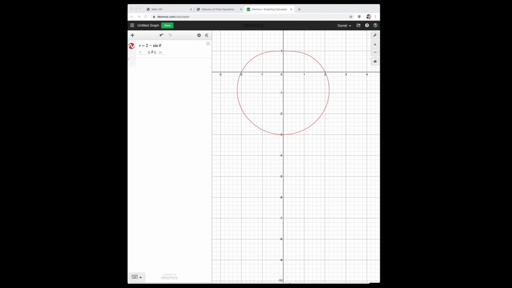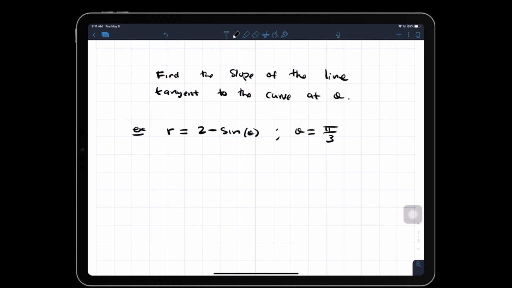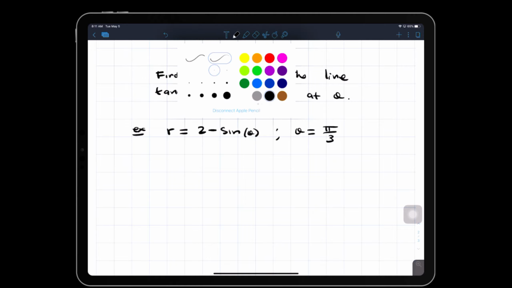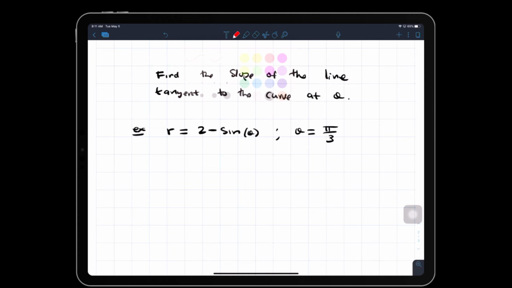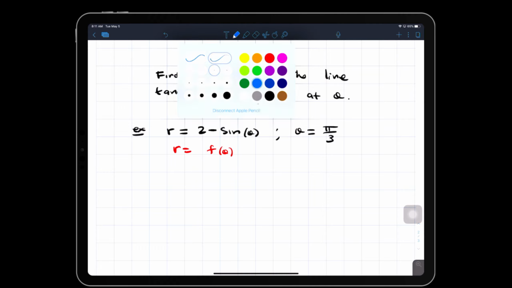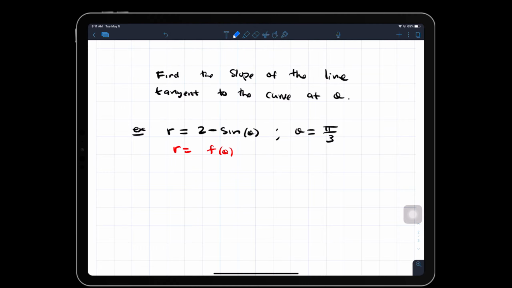All right, so let's go back to the iPad, and let's remember that what they give us here is that function of theta. If we're going to find the slope, we've got to use our formula, right? And you say, well, what's the formula for finding a derivative here?